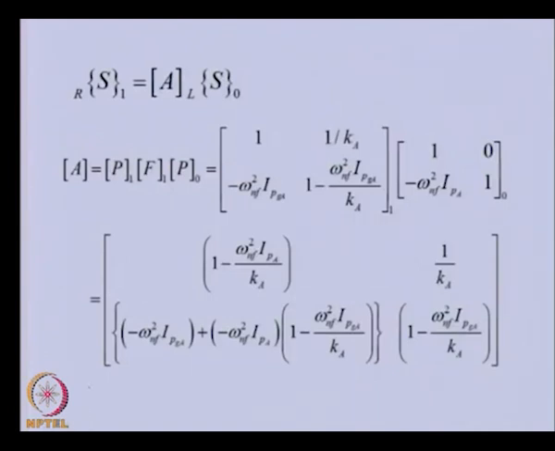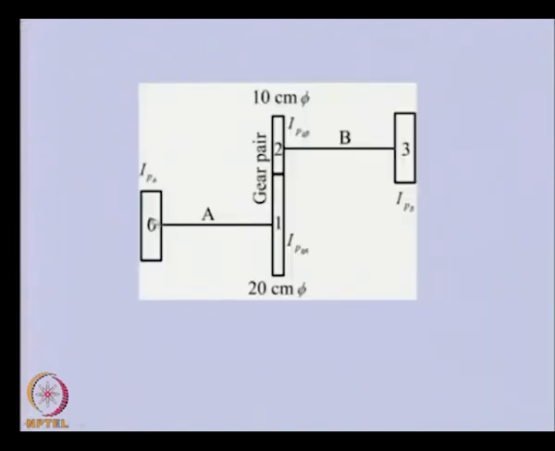Now I am writing the transfer matrix. You can see this is for shaft A, this is the zeroth station of shaft A, and this is the right of station one. So, if you see, this is station 0 of shaft A, this is station 1.